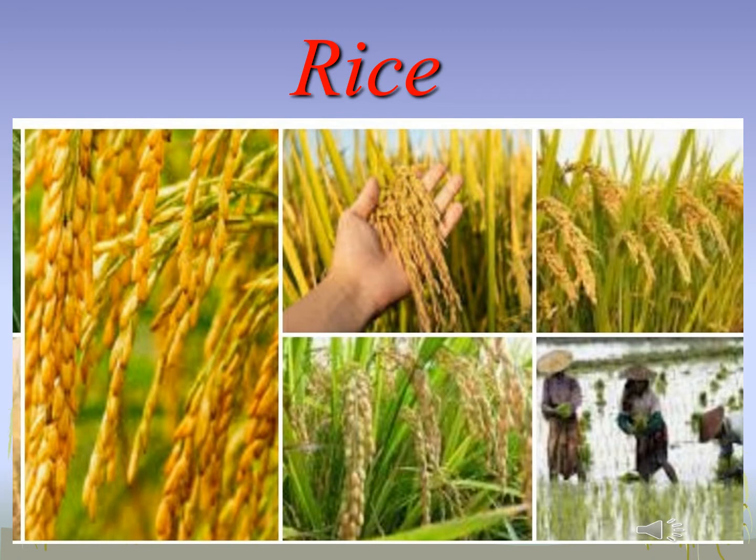Yes, so it grows in Assam, West Bengal, Jharkhand, Bihar, Andhra Pradesh, Telangana, Tamil Nadu, Kerala, Punjab, and Haryana. That means they are the major rice producing states of India.